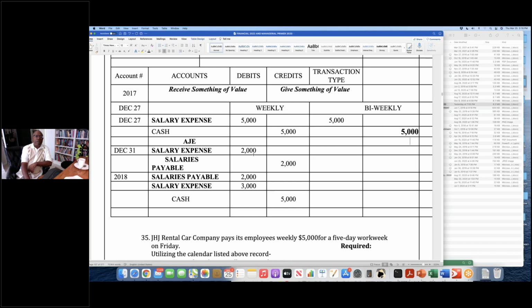Here they were getting 1,000 a day. But now if it's bi-weekly on a 10-day period, they're getting 500 a day, so it's $1,000. Because they're getting 500 a day, it's the same 5,000, but bi-weekly.